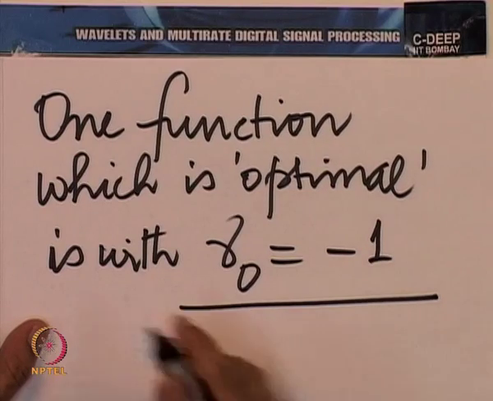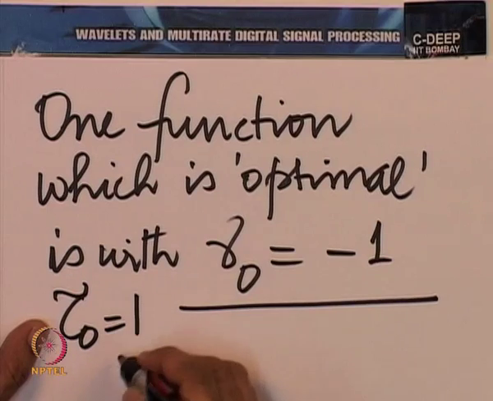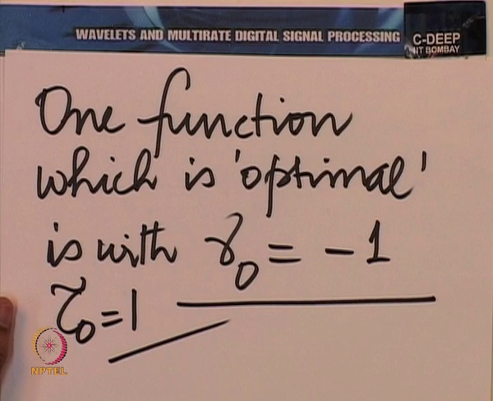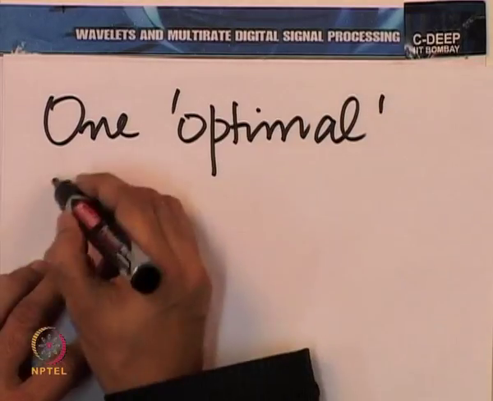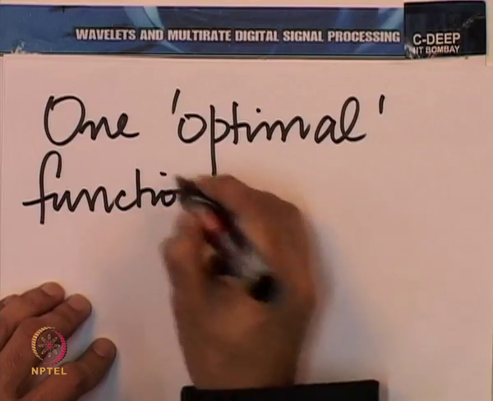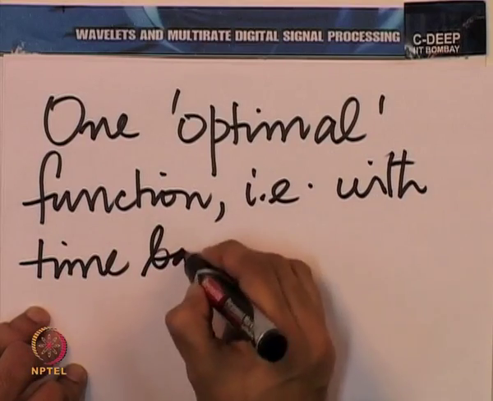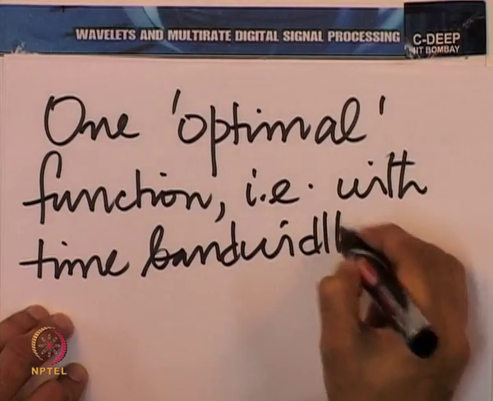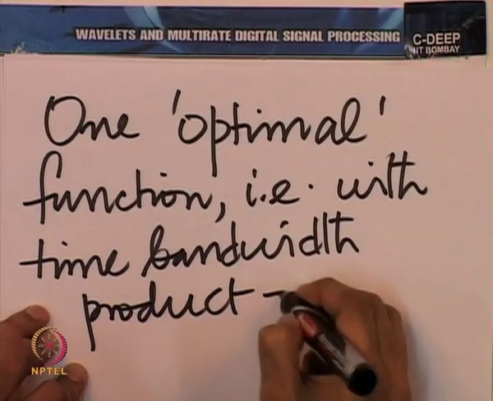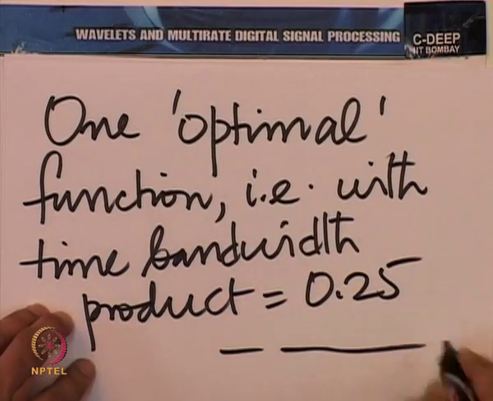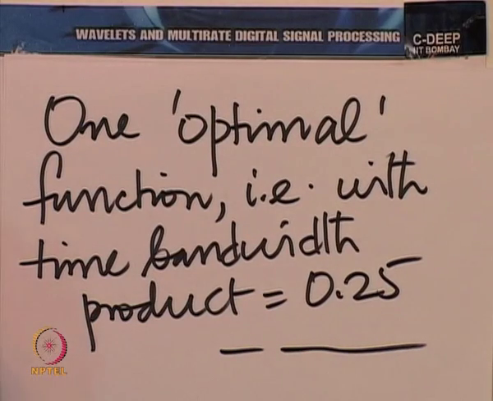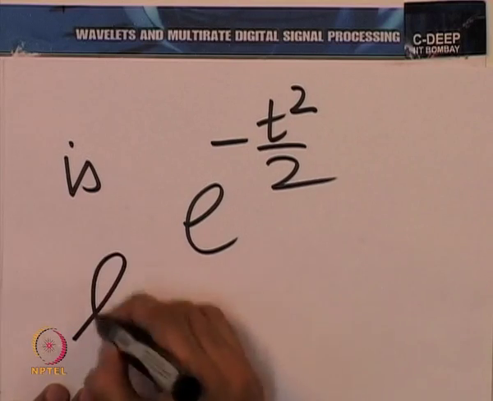And there we can also choose of course, C 0 tilde to be 1, because it does not matter if you scale a function, the time bandwidth product is unaffected, and therefore, one optimal function in the sense of time bandwidth product, that is with time bandwidth product equal to 0.25, is the Gaussian.